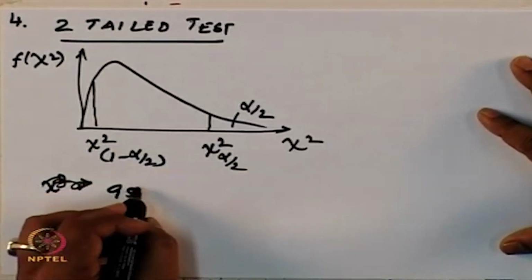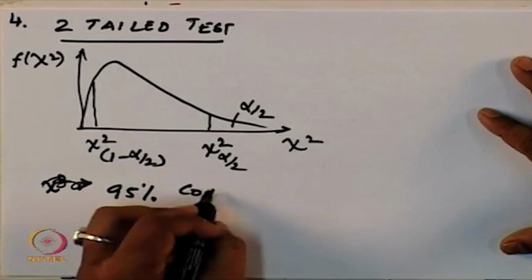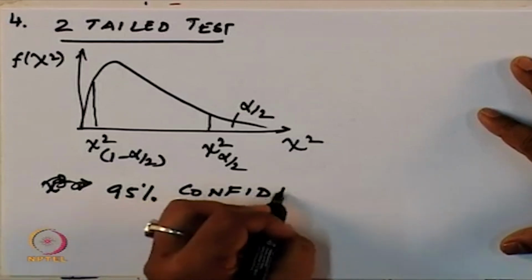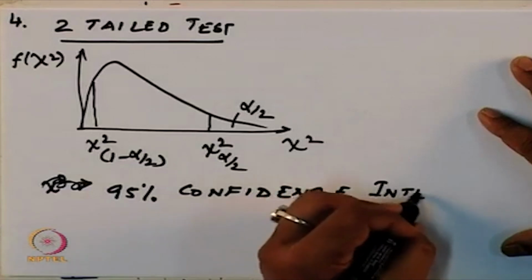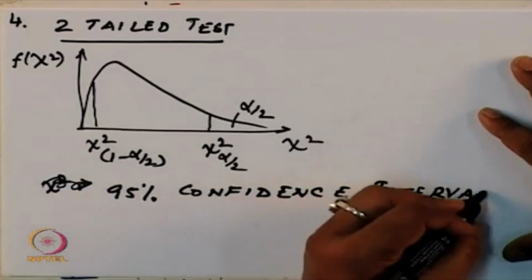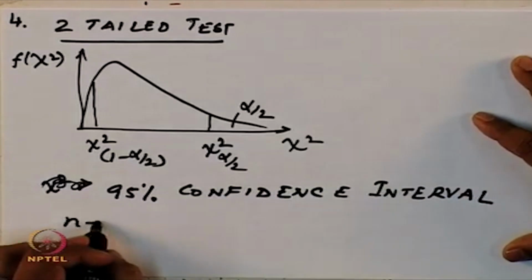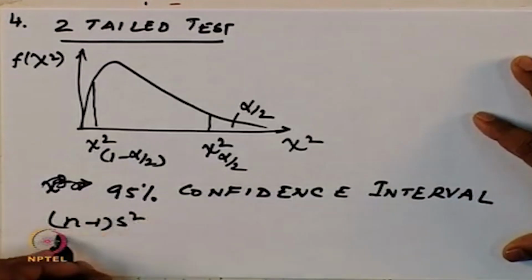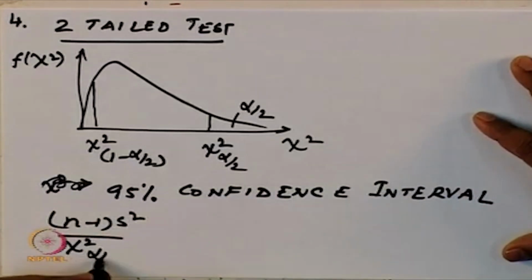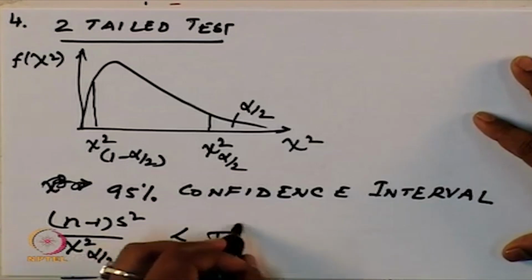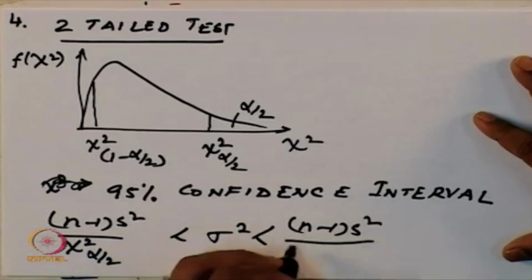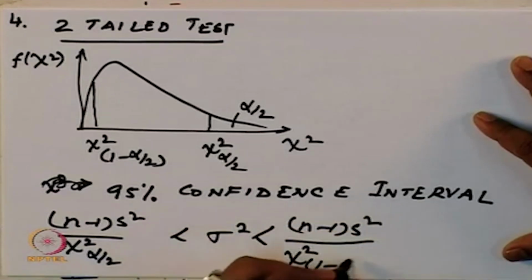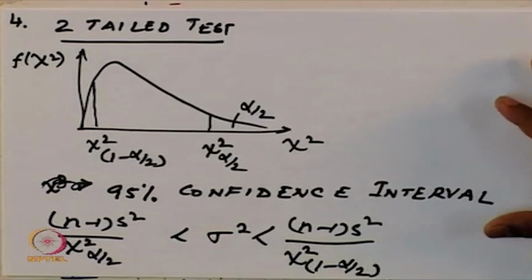So, your 95% confidence interval is given by n minus 1 times s square divided by the chi-square values.